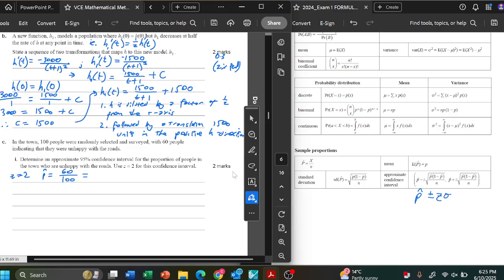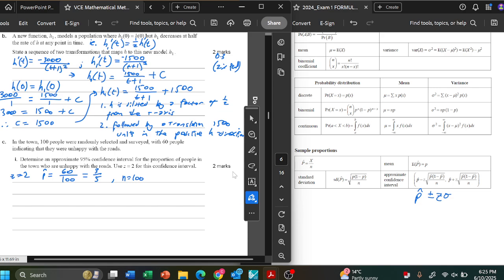Success in this case is that the person is unhappy with the roads, strangely enough. So that's 6 out of 10 or 3 out of 5 as our sample proportion. Our n value is equal to 100, and z is equal to 2. That should be everything we need to answer this question.